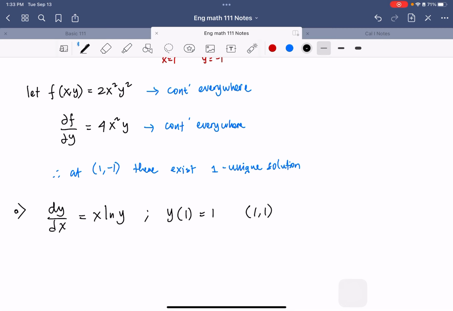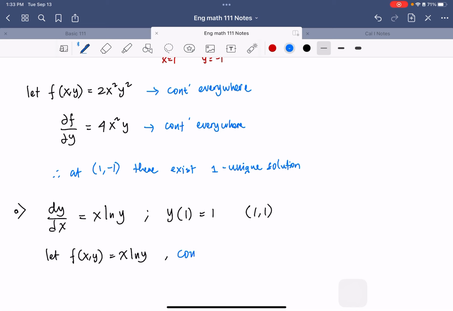Okay, so first we can write, let the differential equation become a function of two variables x, y. From here we know that the inside of the ln cannot be negative, so we need to have it continuous. Or maybe let me write with blue color.